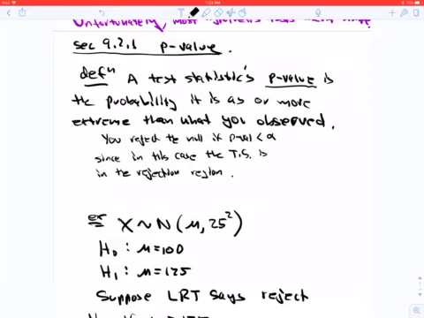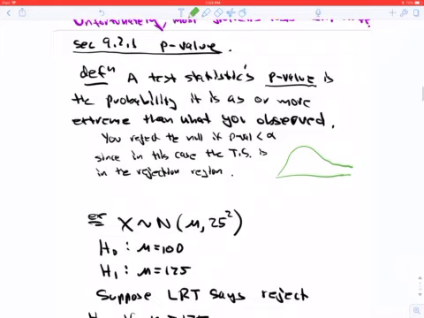P-value is ubiquitous in statistics. It's the probability that you get a test statistic as or more extreme than the one you observed. So just in a picture, if you have some distribution here, and we're rejecting to the left or to the right, let's say, then let's say that you get a TS here, then this would be your p-value.